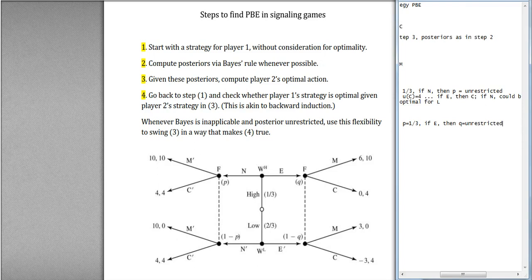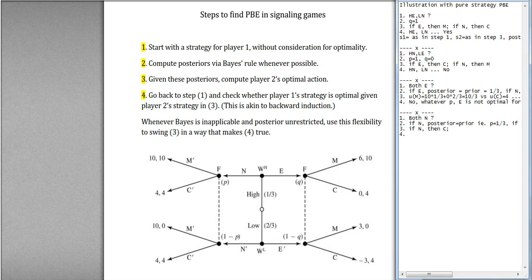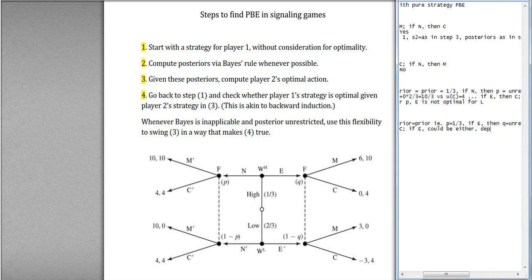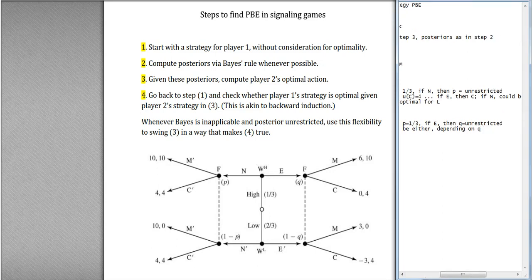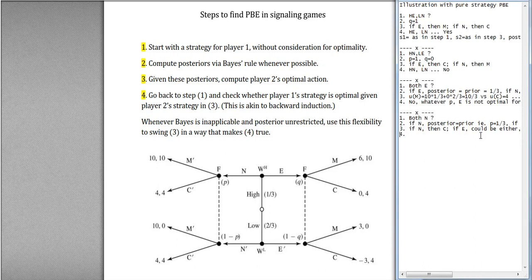And we're going to exploit that flexibility towards supporting a positive answer in step 4. So in step 3, given this unrestricted posterior, what is player 2's optimal action? Well, it depends. If E, it could be either, depending on Q. If Q is high enough, then it'll be optimal to make the person a manager. If Q is low enough, vice versa.